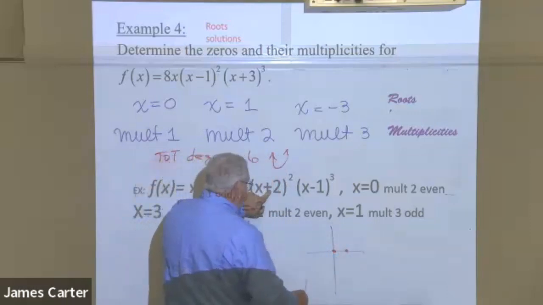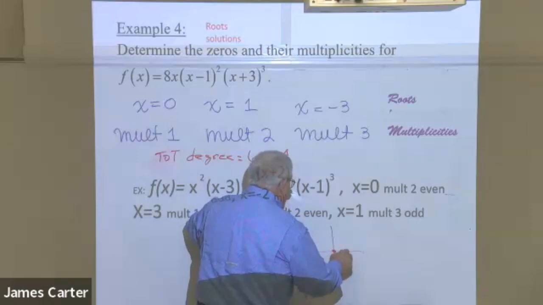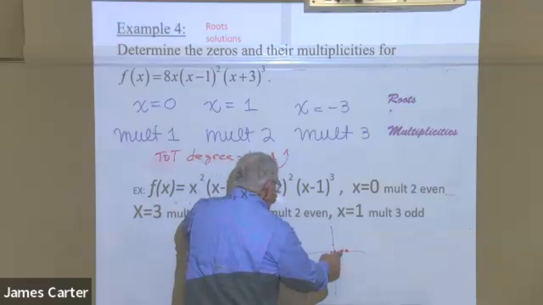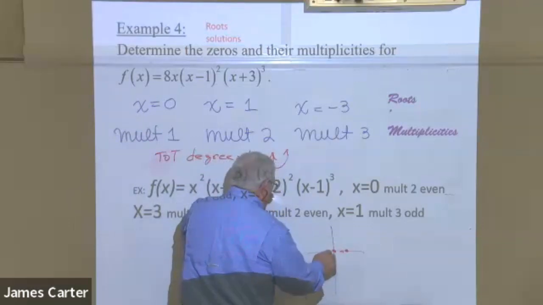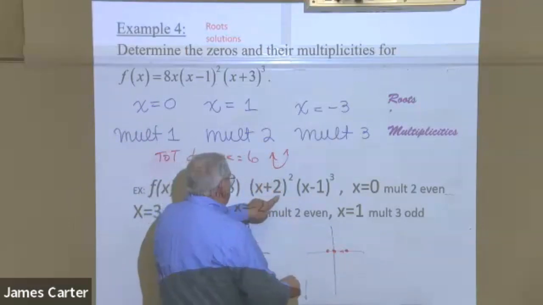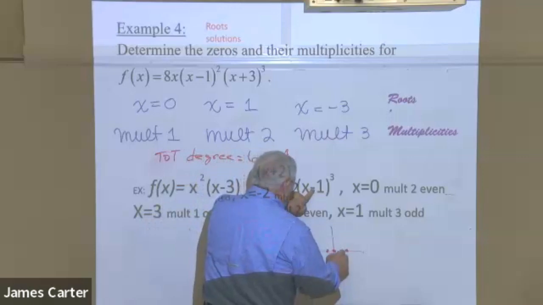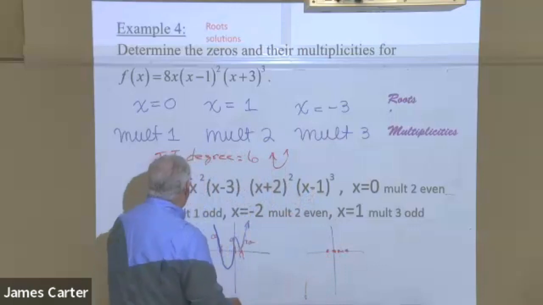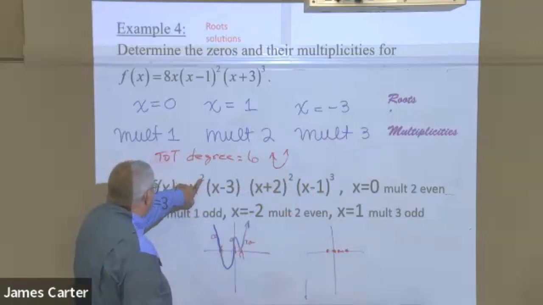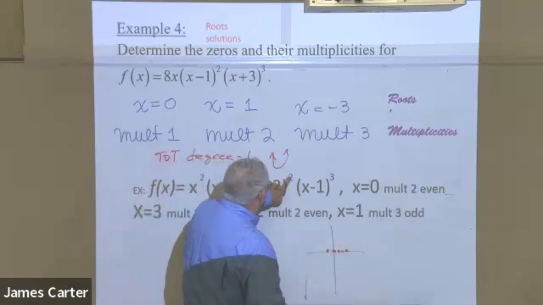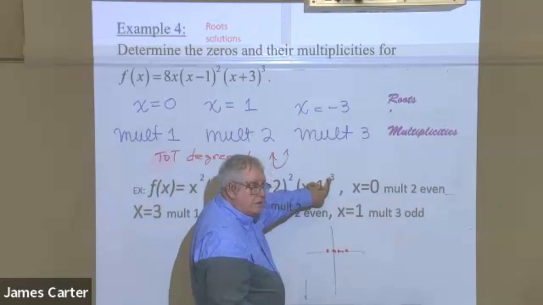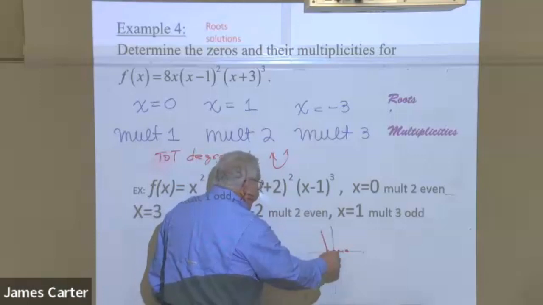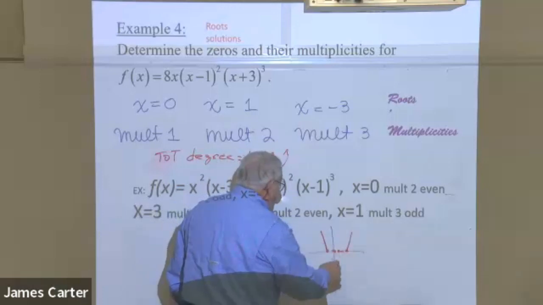That would give me a +2. That would give me, excuse me, that would give me a -2. And this would give me a +1. Okay, so I have 4 points here. Let's look at the total degree. 2, 3, 4, 5, 6, 7, 8. Even. That means that this one's got to go up and that one's got to go up.